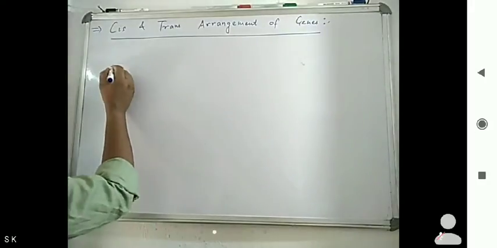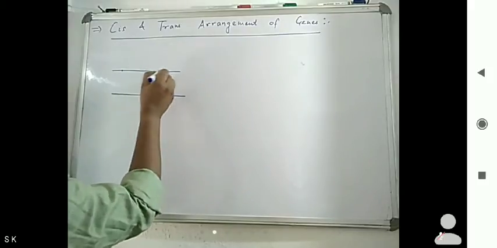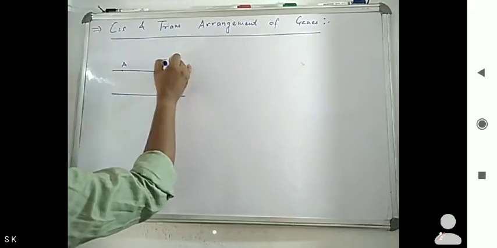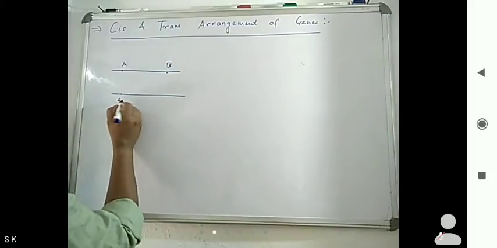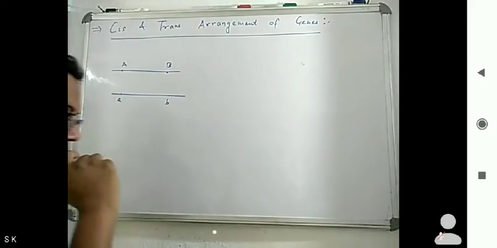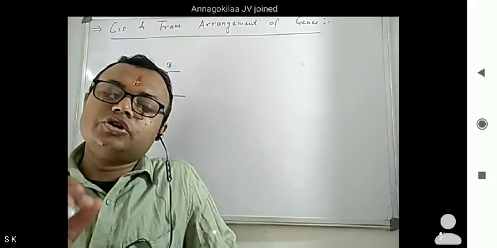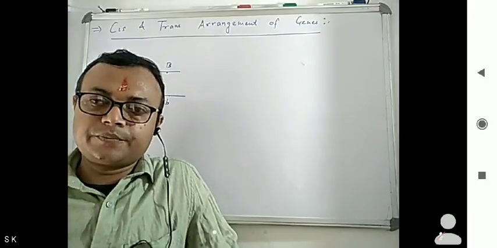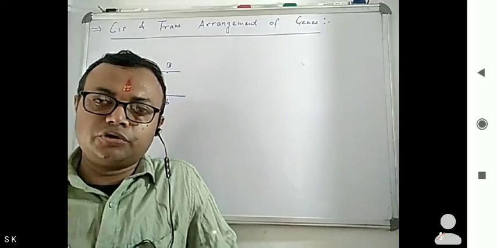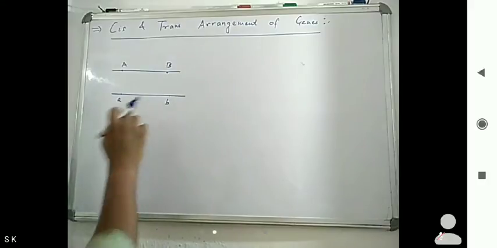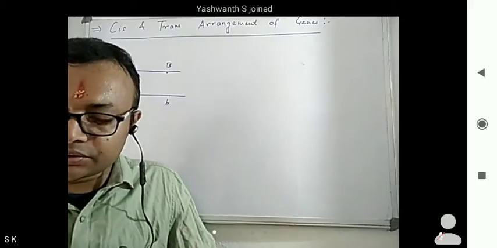Just for example, we will take two types: one having dominant alleles and another having recessive alleles. In one chromosome, dominant alleles are present, and in the other, homologous chromosome, recessive alleles are present. So this type of arrangement is known as cis arrangement.